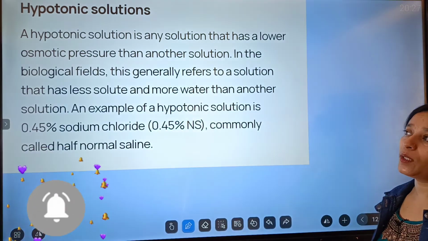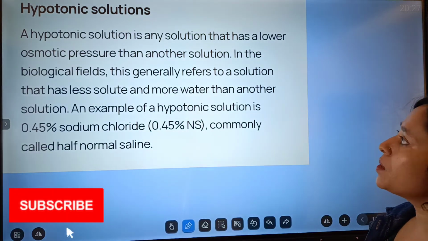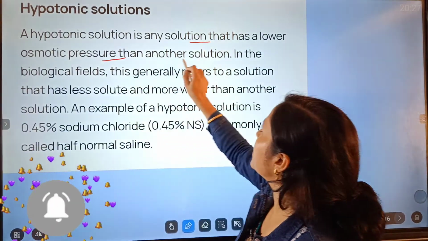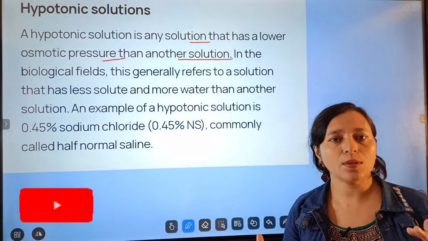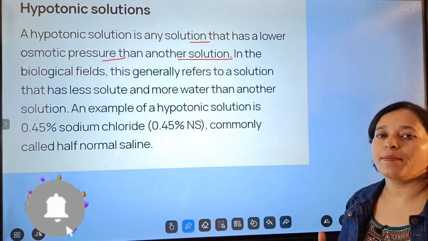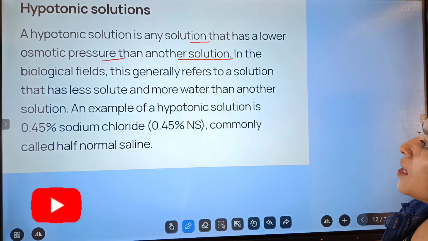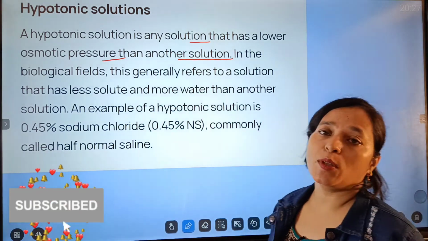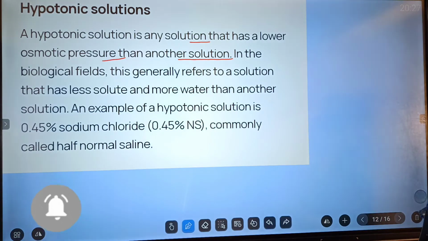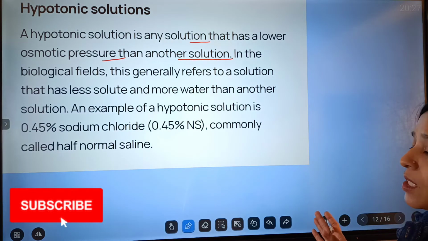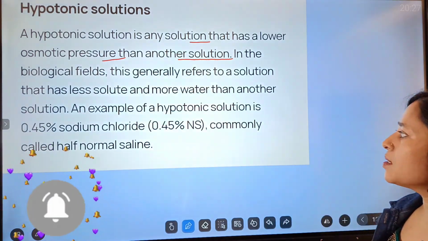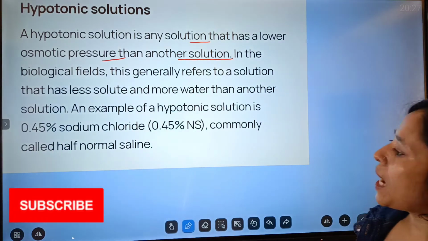Next is hypotonic solutions. Now what are hypotonic solutions? It is any solution that has a lower osmotic pressure than another solution. We are taking two solutions, one having a lower osmotic pressure compared to the other. Such hypotonic solutions are used in different biological fields, and it generally refers to a solution that has less solute and more water than another solution.